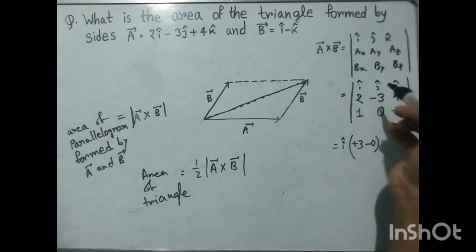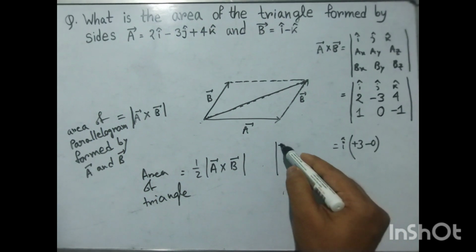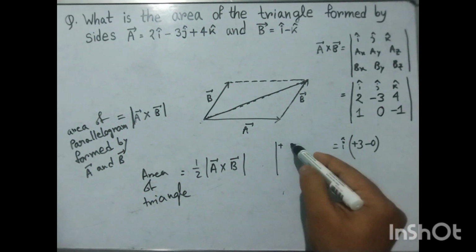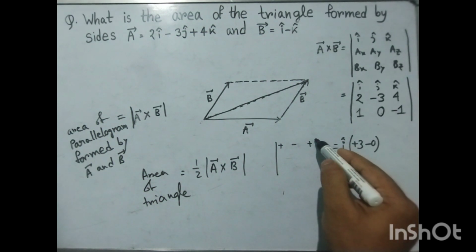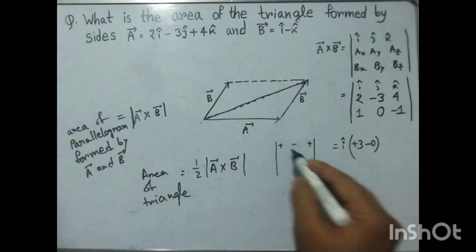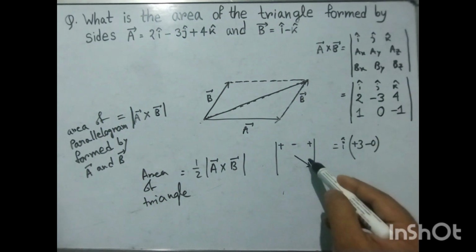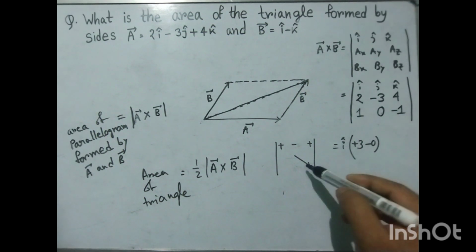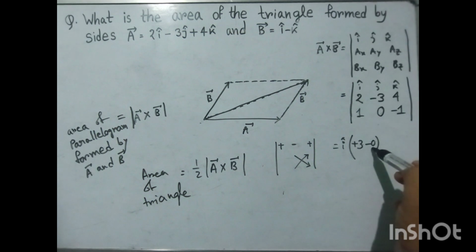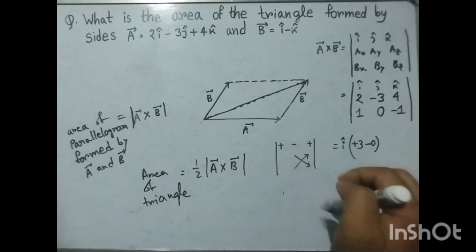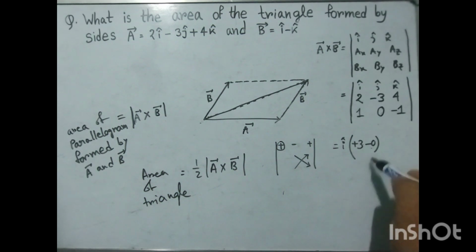Now see, when you are doing a determinant, the first term will be plus, the second term you have to take minus, and the third term plus. So first plus i cap, then minus 3 into minus 1, then minus 0 into 4, that is 0. So this first work is done here.